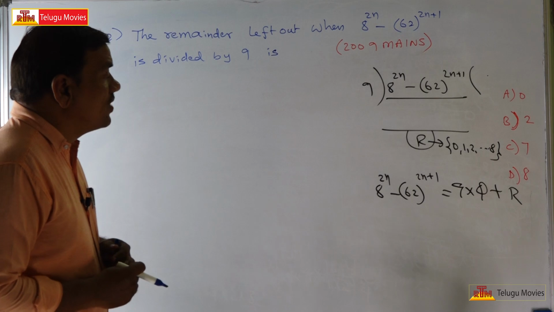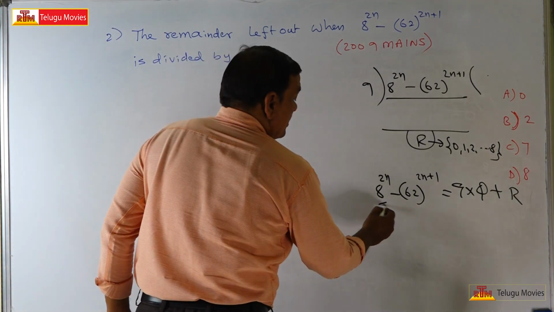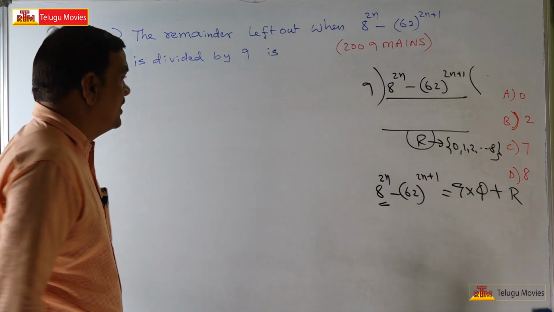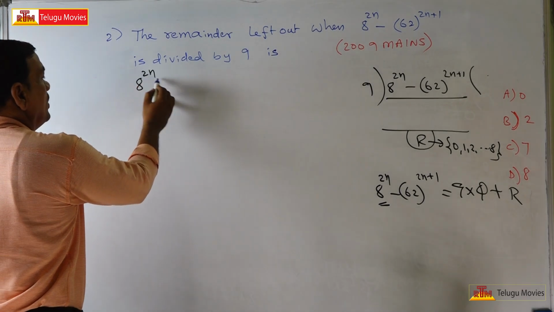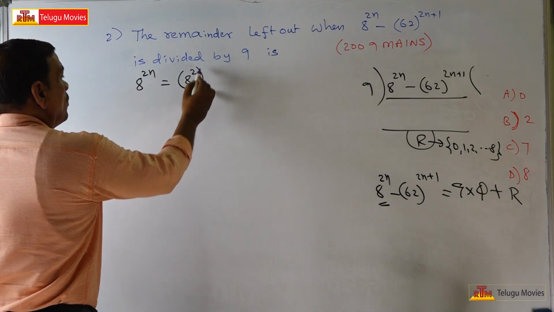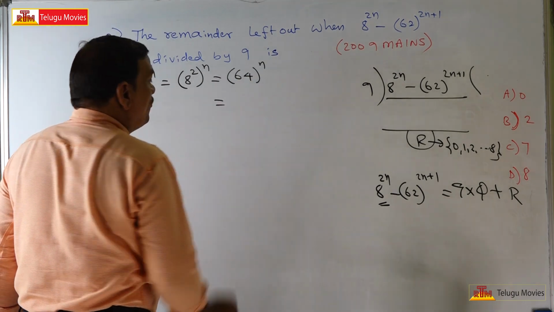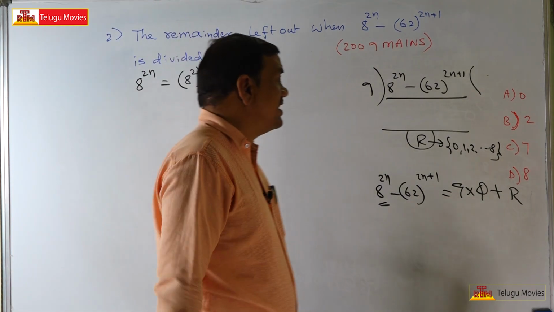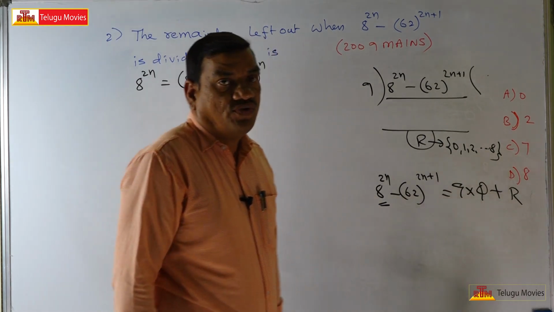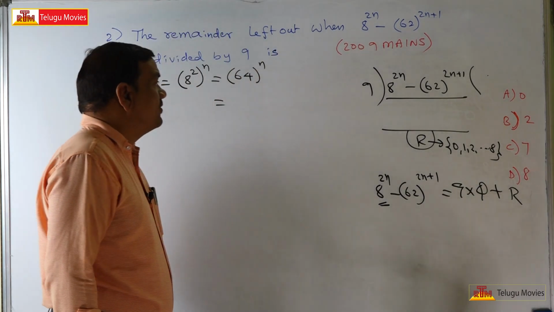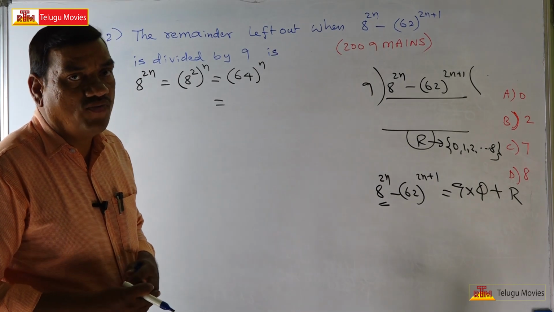Okay, now for this let us start. First I will take 8 to the power of 2n. This is equal to (8 square) whole power n. 8 square is 64, whole power n. 64 is not a multiple of 9. But 63 is a multiple of 9.